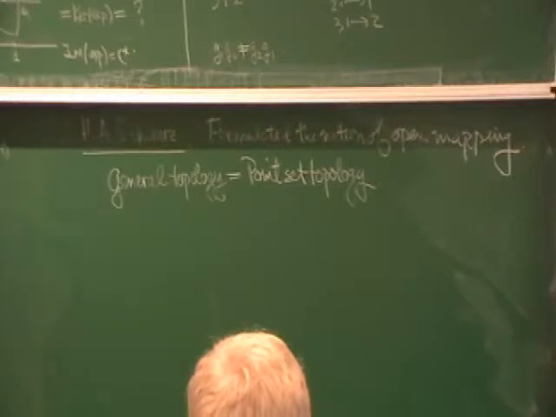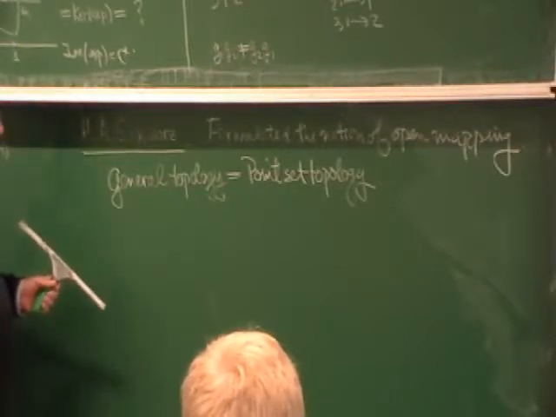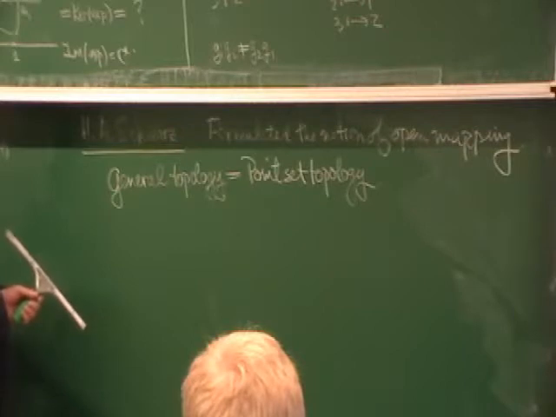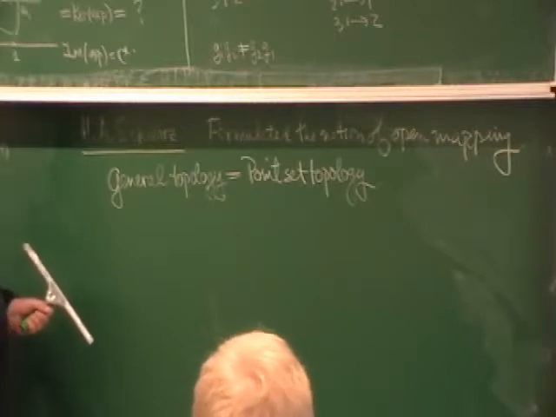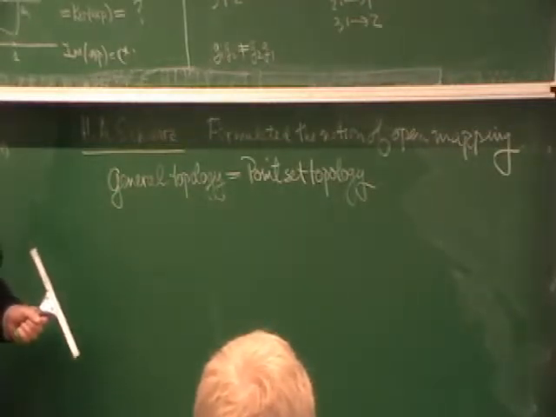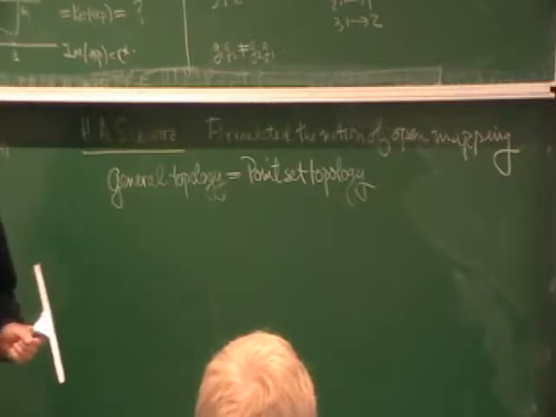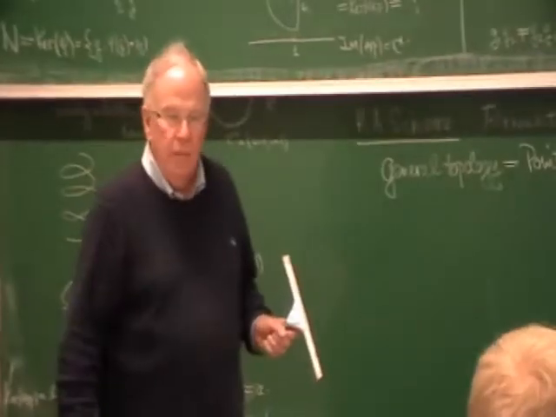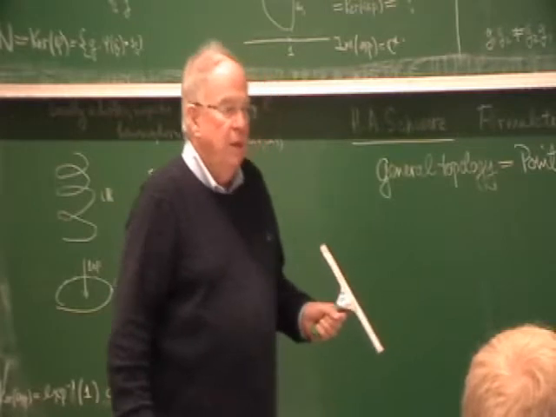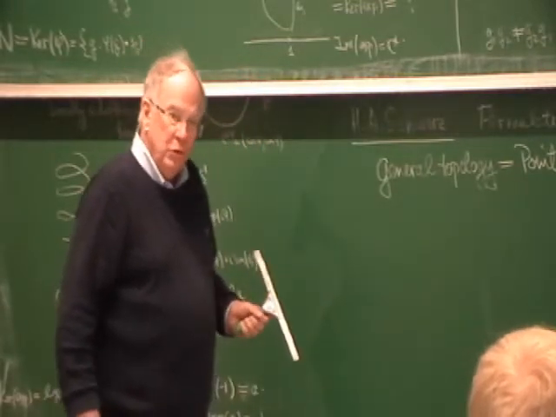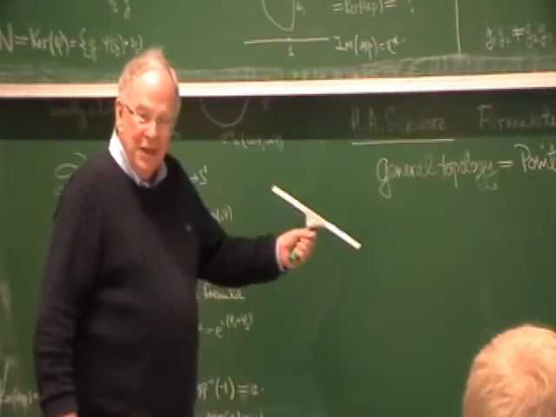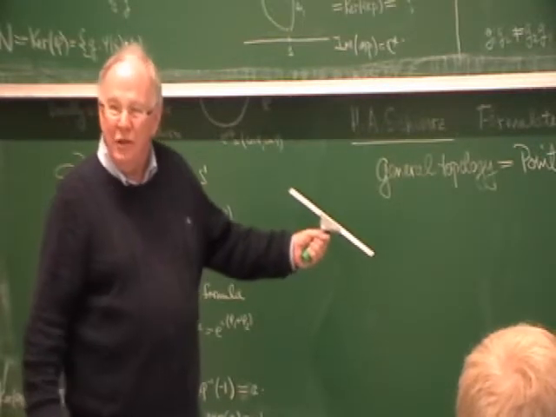This was in the 20th century, maybe in the first 1/3 of the 20th century were the first results. But you must understand that the first decent textbook in general topology that was available in the United States was written by a professor in Berkeley named Kelly, and he wrote it after World War II.